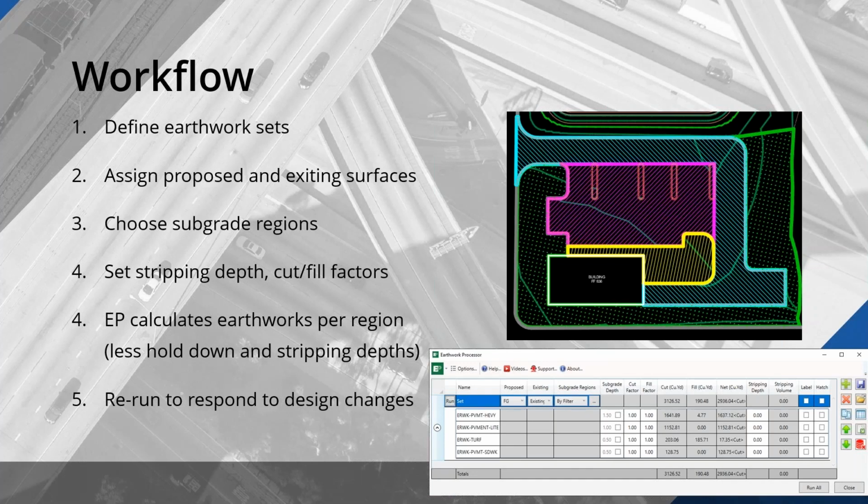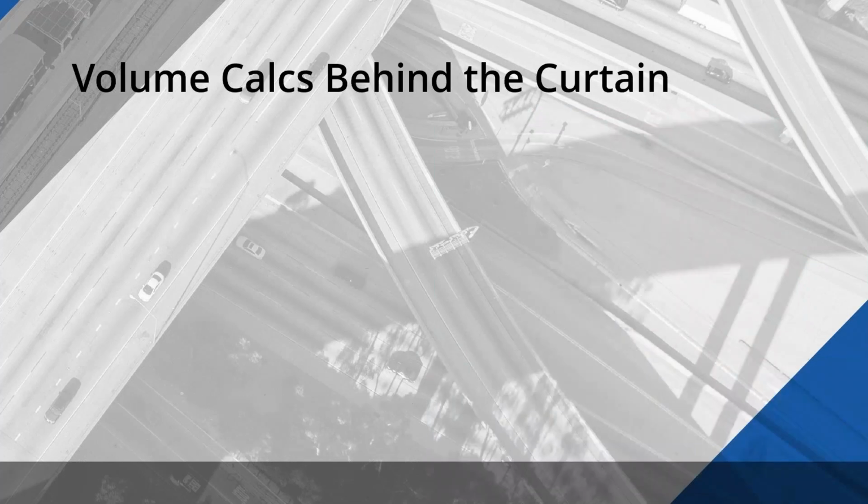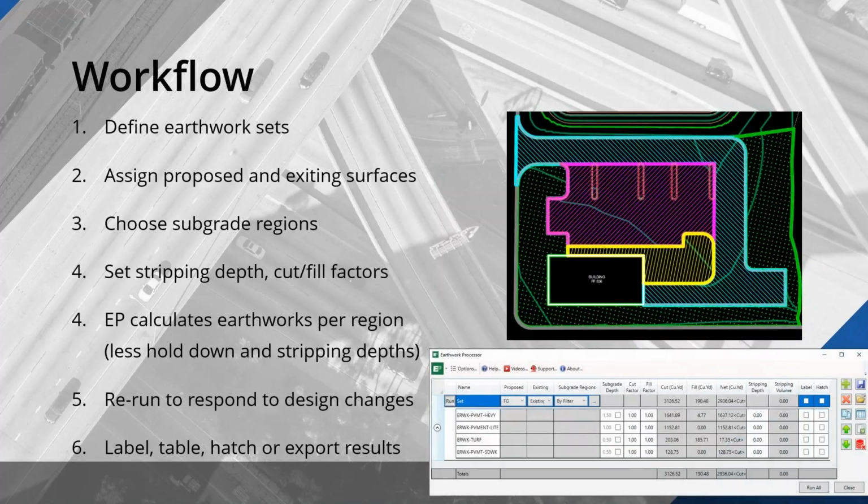And then if something like the proposed surface changes, or perhaps the hold down depth of one of the areas changes, you can simply rerun the earthwork set and all the numbers will update. And then from there you can label things, tabulate, export, you name it. So that's the gist of what Earthwork Processor does, and a lot of you might be using it already.